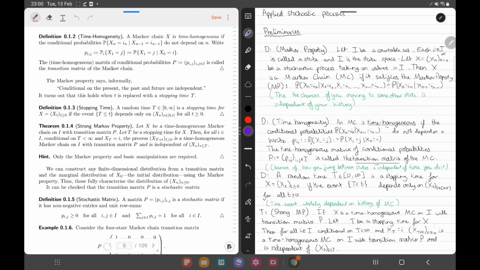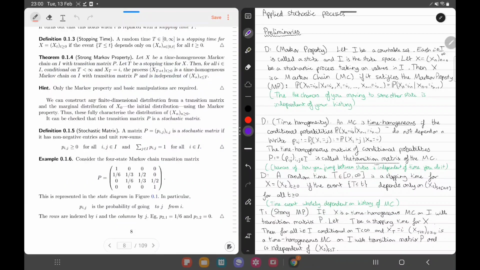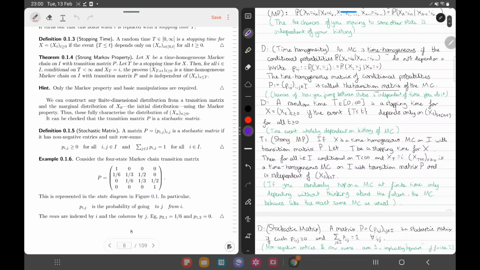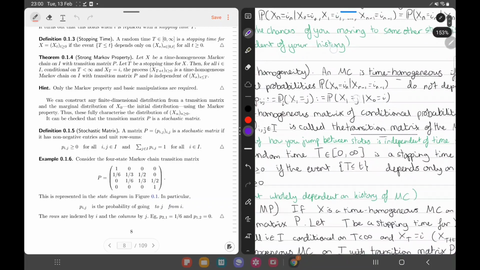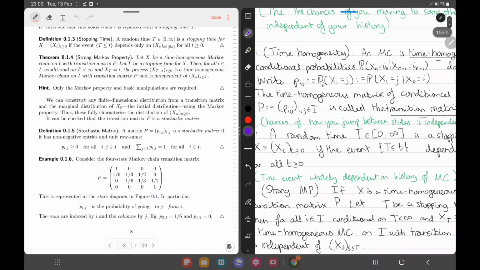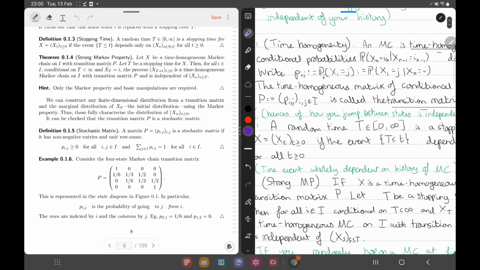So there's time, is that right? Time homogeneity. So yes, okay, seems like I wrote that here as well. I wrote down that this is the chances of how you jump between states is independent of the time you do it. So basically, what it's saying here is, this is just some notation that means probability. If you ever see this, this just means given the event X_0 equals i.